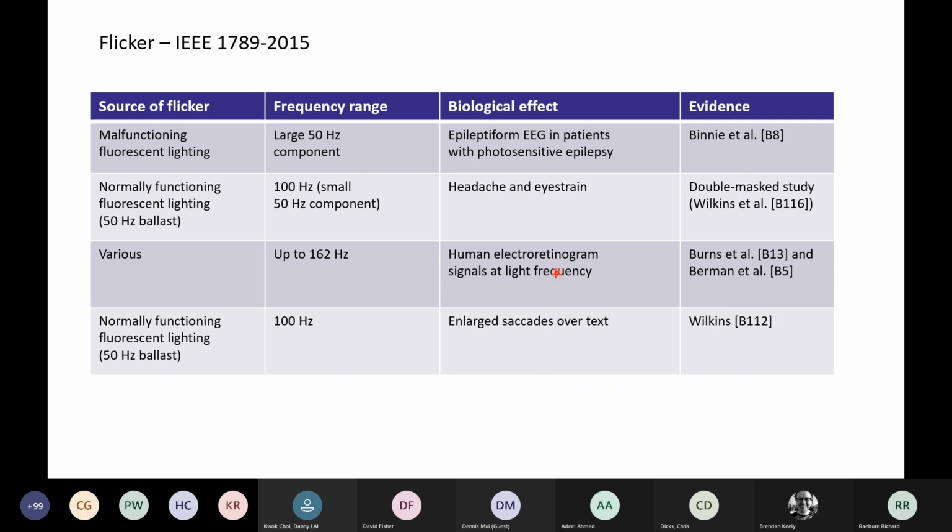And then we can have even fully functional fluorescent with magnetic devices, magnetic chokes, can have enlarged saccades over text. And a saccade is small movements of both eyes when you're scanning text, so it can increase that movement. It can be an issue just for reading.